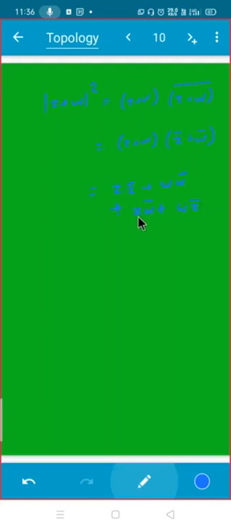Because I was already having z w bar, w into z bar. Is that okay? Yes. Try to see these two things and tell me something. I know something about z into z bar and w into w bar. This is equal to mod z square. This is equal to mod w square. Try to see these two. This is z w bar plus w z bar.